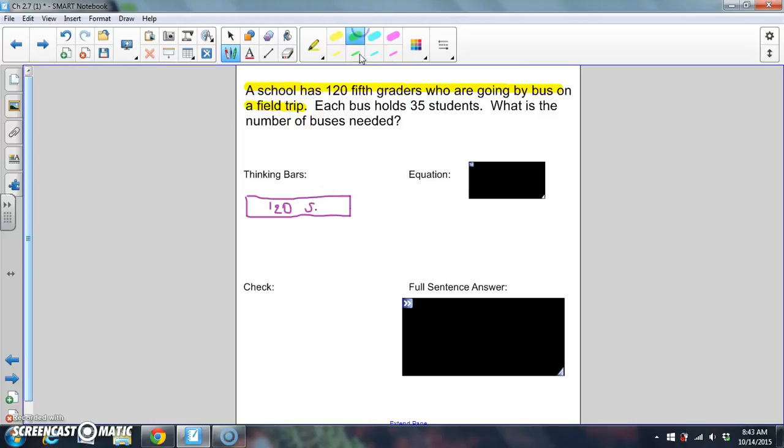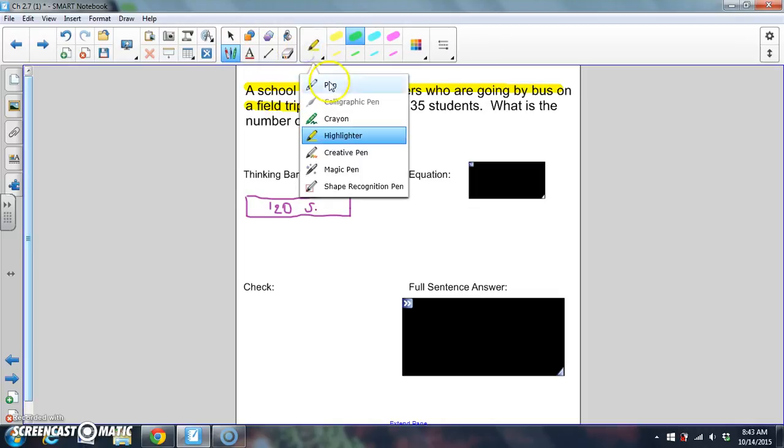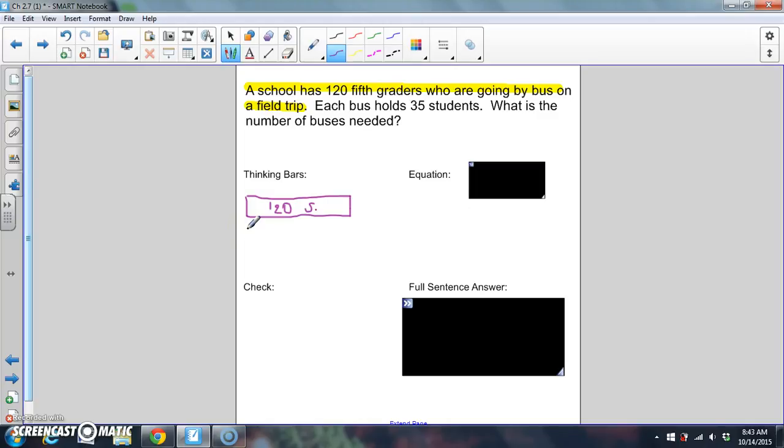Next sentence. Each bus holds 35 students. So if they are going on a trip, one bus holds 35 students.